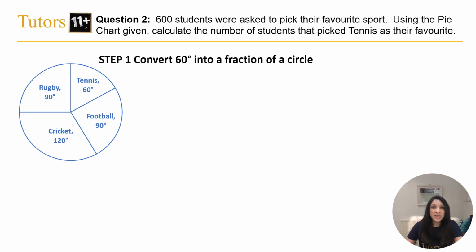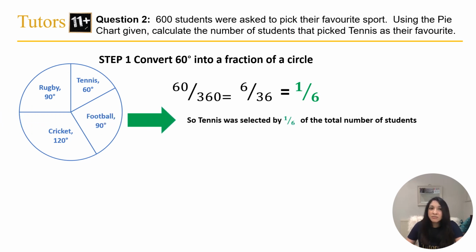Here's the size of the tennis segment, which is 60 degrees. So as before, step 1 is converting 60 degrees into a fraction of a circle. 60 is the numerator, 360 is the denominator, which gives us 1/6 when taken to its lowest terms.